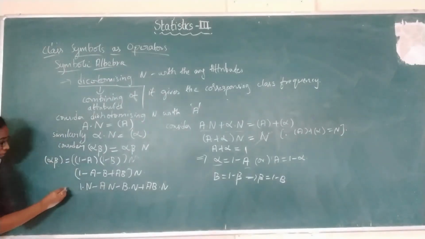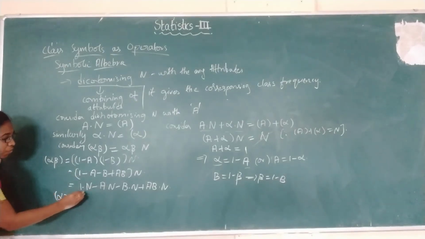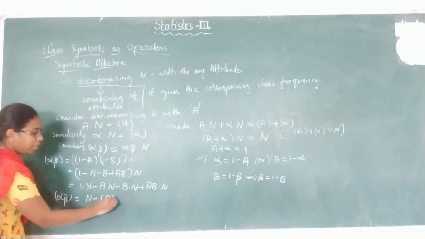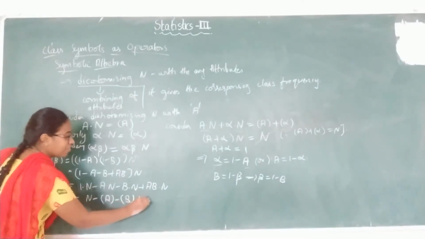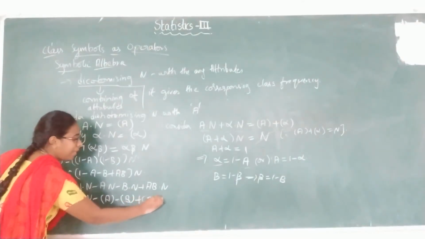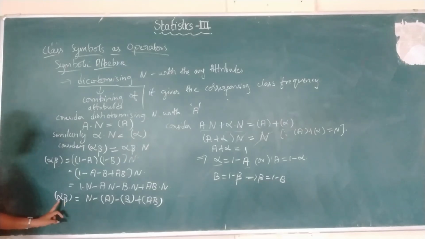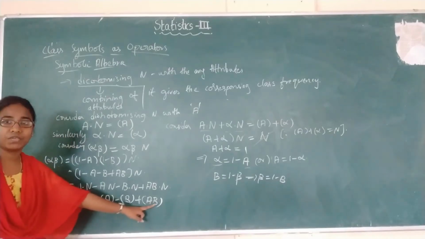So what can you write here? Alpha beta equals 1 into N, which is N, minus the class frequency of A, minus the class frequency of B, plus the class frequency of AB. This is the expression for the negative class alpha, beta, and I am expressing it in terms of positive classes.